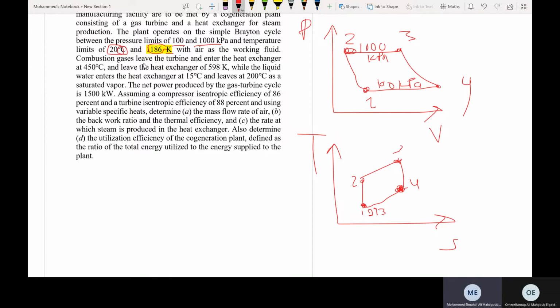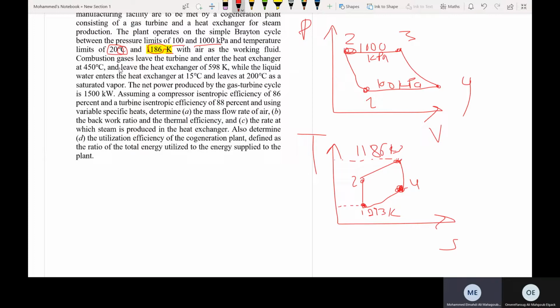And this is 1186 kelvins, which is the maximum temperature in the cycle, which is point 3. Look at it here. This is the lowest temperature in the cycle, and this is the highest temperature in the cycle, which is going to be 1186 kelvins. And of course, air is going to be the working fluid.